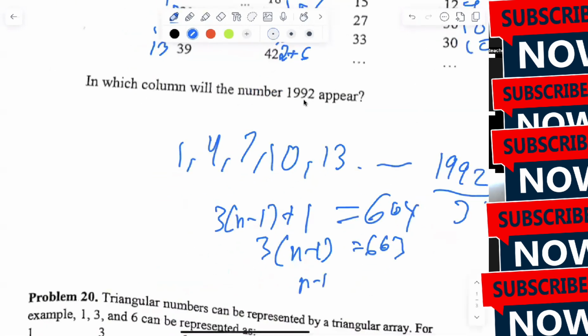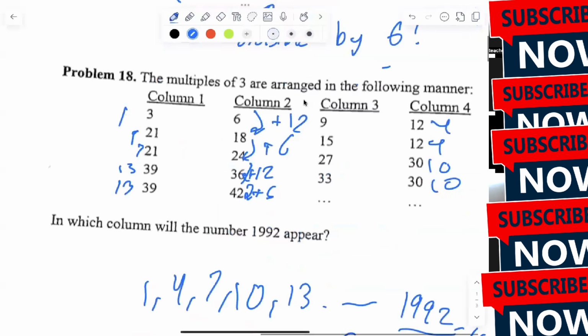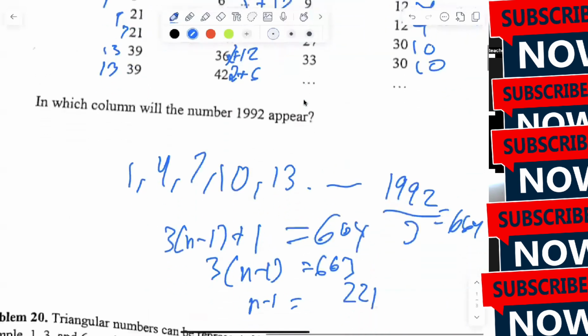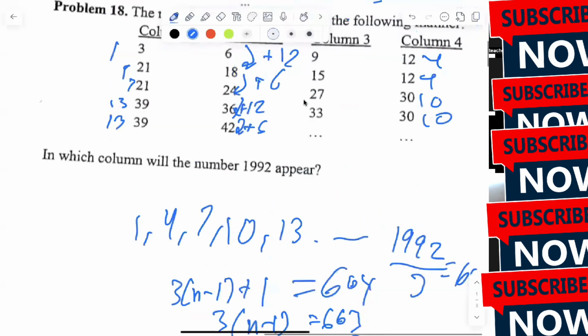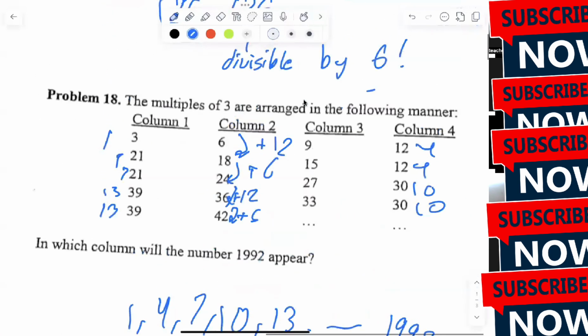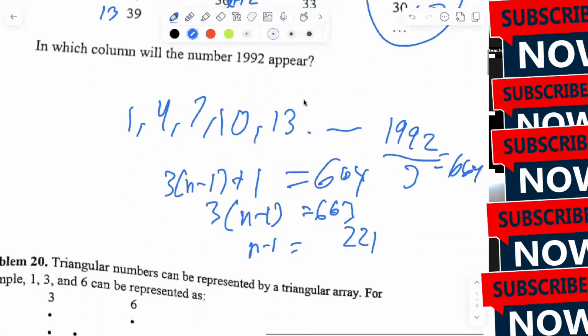So dividing gives us n minus 1 equals 221. So n is 222, which is indeed even. So 1992 is even, and it's indeed in one of these columns. So it has to be in column 4, which means the answer is the 4th column.